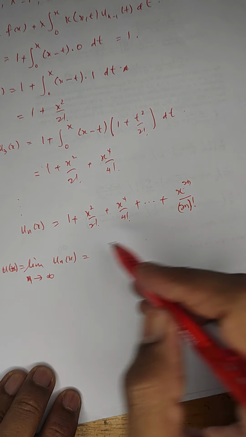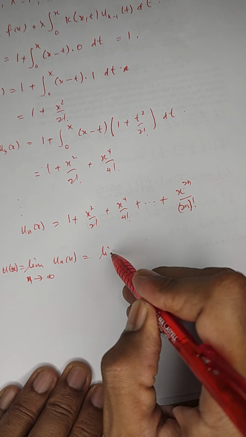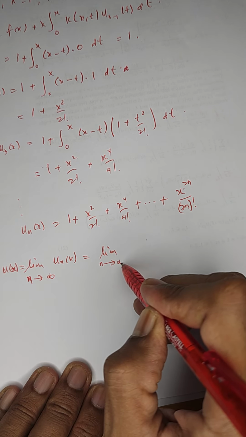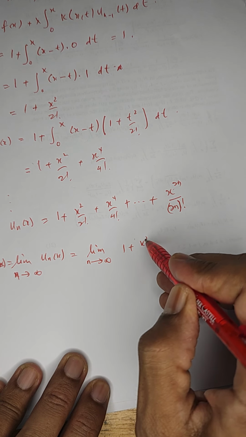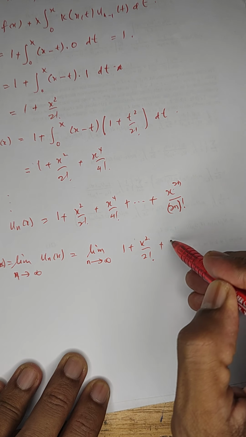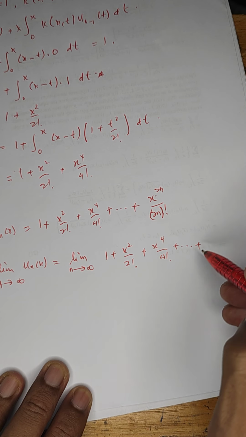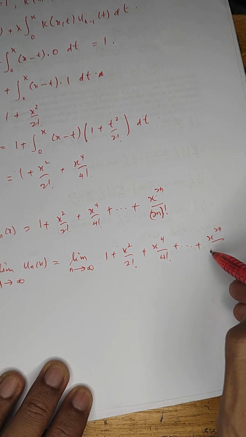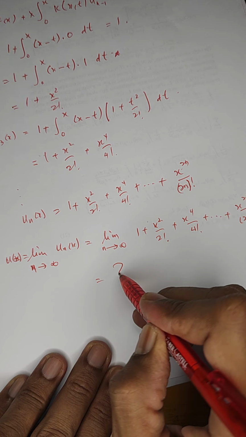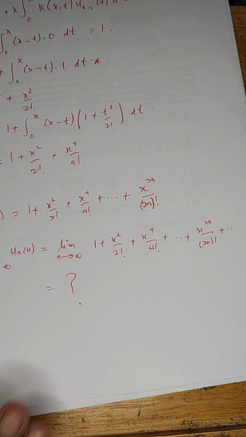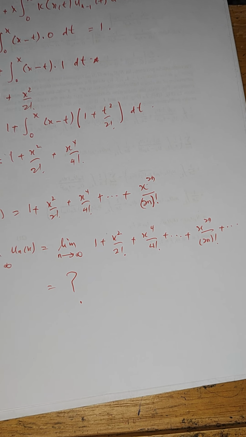So what do you get? Limit as n goes to infinity, we have 1 plus x squared over 2 factorial plus x^4 over 4 factorial plus, and so on, x^(2n) over (2n) factorial. And the solution is, you find out. I don't have a solution for that.